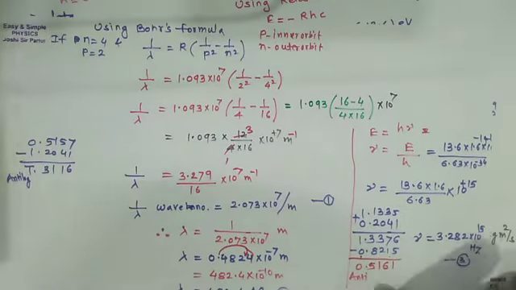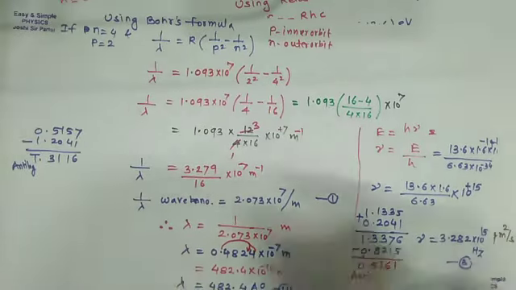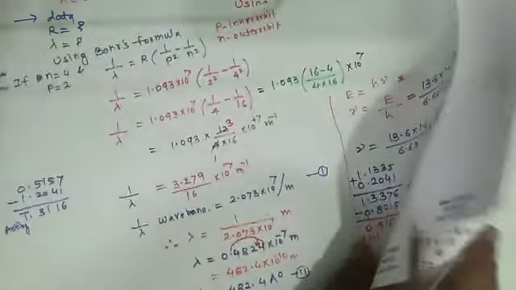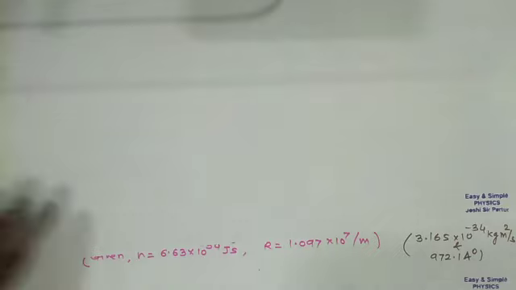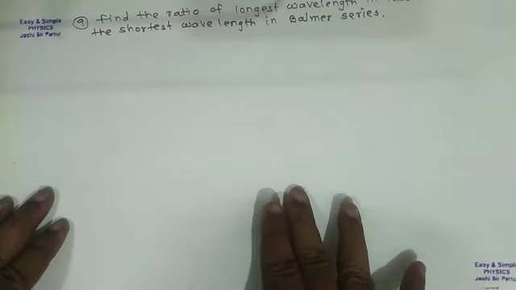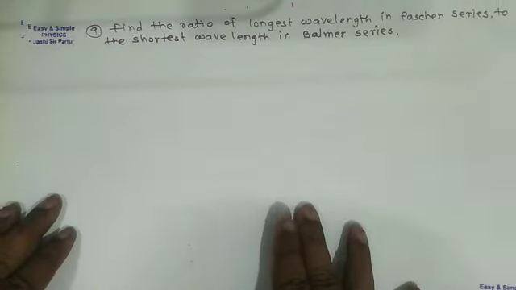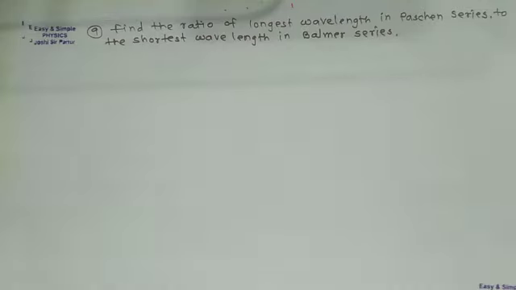And lastly, we have to find the ratio of the longest wavelength in Paschen series to the shortest wavelength in Balmer series. Means we can find two wavelengths, shortest and longest.